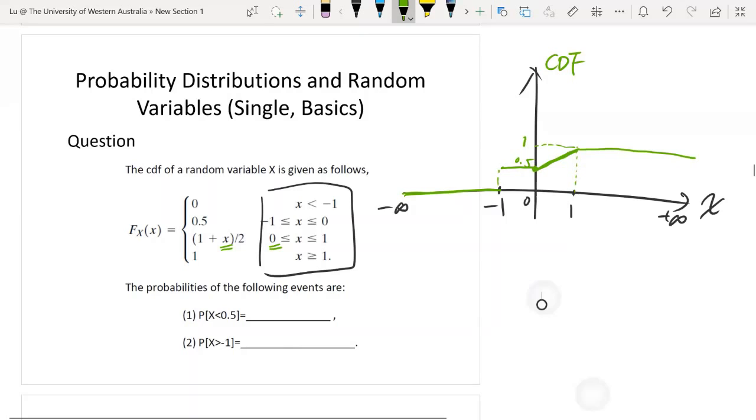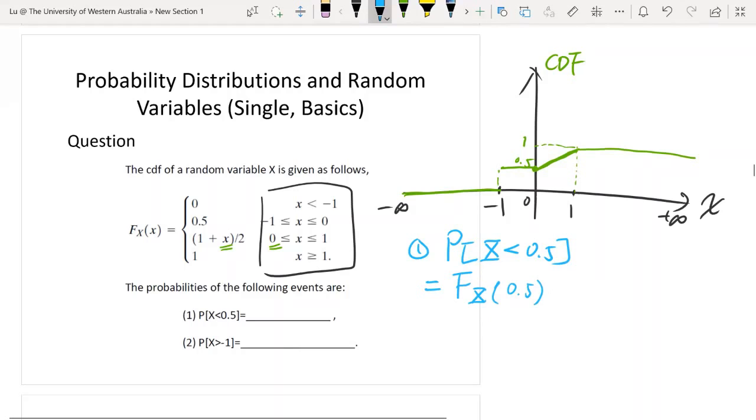The first question is asking us to calculate what is the probability of the event that the random variable x is smaller than 0.5. This is actually the definition of the CDF function. This is equal to Fx(0.5).